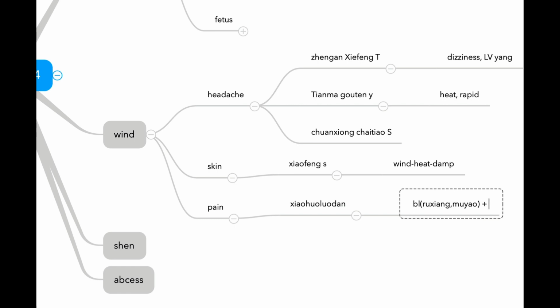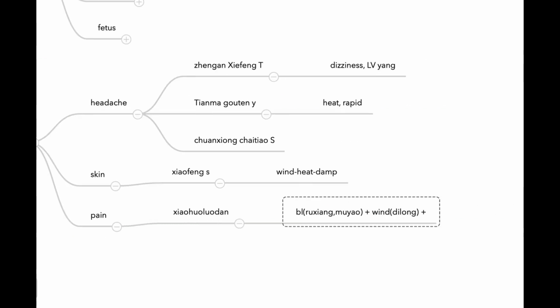Invigorate blood, and also wind, Dilong. And also remove cold. Chuanwu, Caowu, so Fuzi, mother root of Fuzi, aconite. So this formula treats blood stagnation and wind and cold.